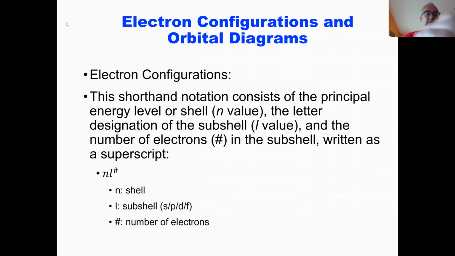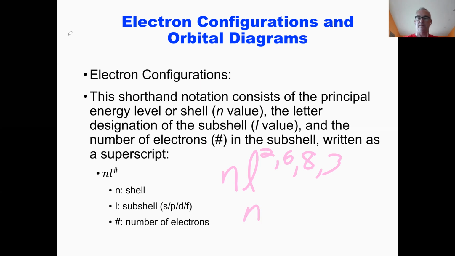We give N, what shell it's in, and L, what subshell it's in, and then how many electrons are there: 2, 6, 8, 3, however many there are. So that's it. Just shell, subshell, number of electrons. That's the only information you get from an electron configuration.